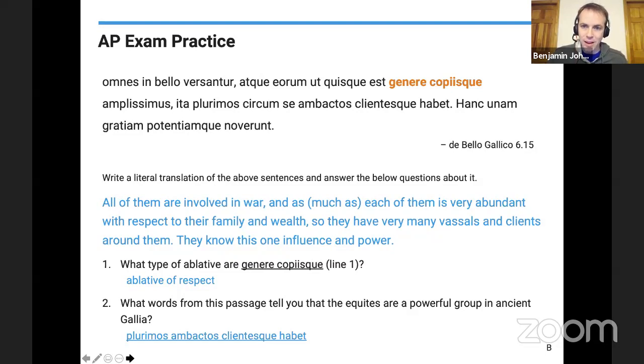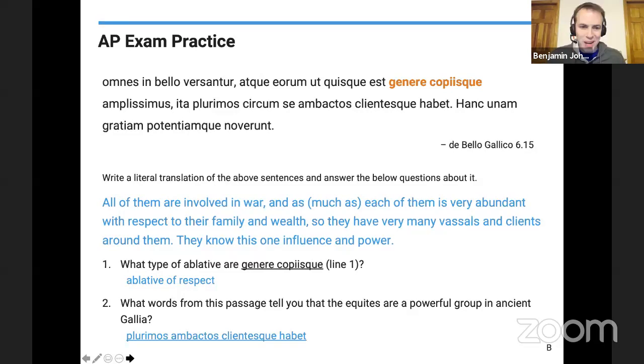They have, habet, very many vassals and clients, plurimos ambactos clientesque, around them, circum se. They know, noverunt, and we talked last time about how you can translate this in the present tense, even though it is a perfect tense verb. They know this one influence, hunc unam gratiam, and power, potentiamque. So that's your literal translation.